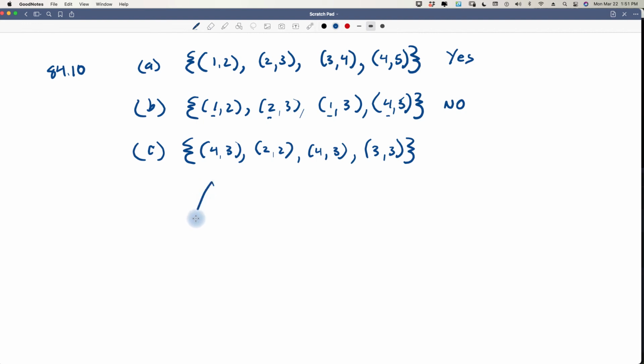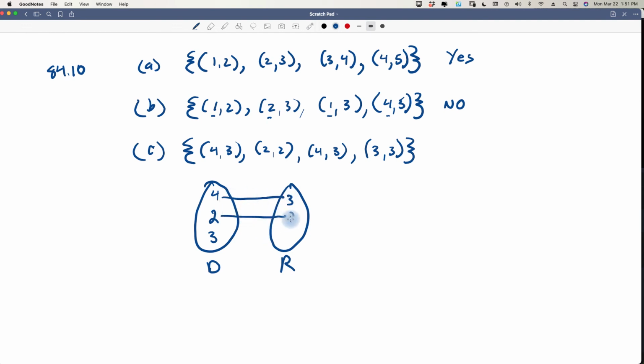Is that okay? Well, let's take a picture of it. We have 4, 2, and 3 as our different x values. 4 goes to 3, 2 goes to 2, 4 goes to 3 again, so just another line there, and then 3 goes to 3. Is it okay for 4 and 3 to share the same y?